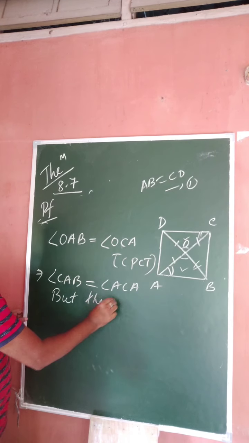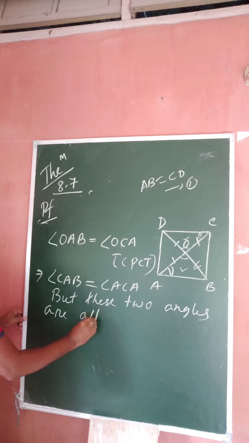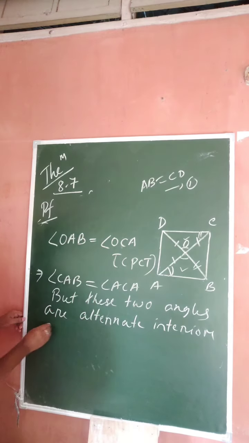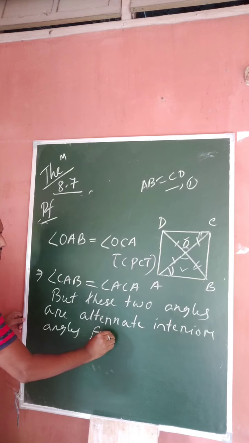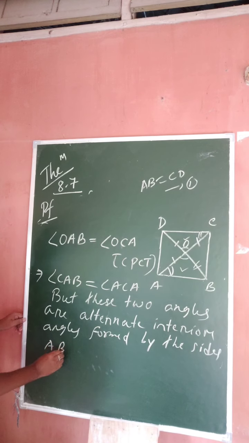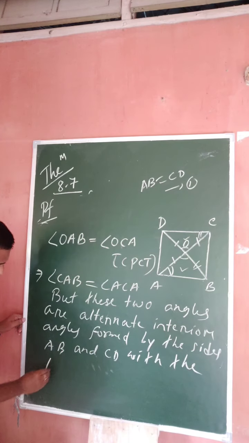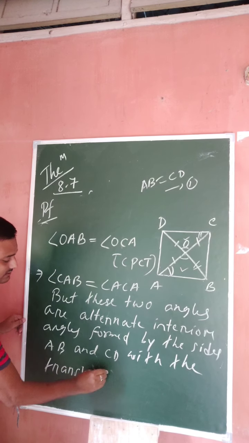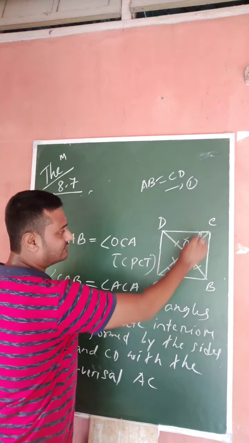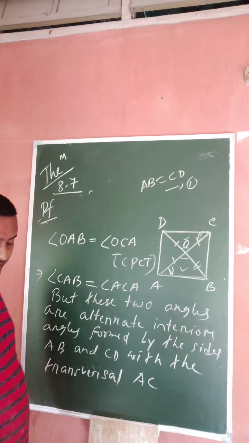These two angles are alternate interior angles, formed by the sides AB and CD with the transversal AC, and both are equal.